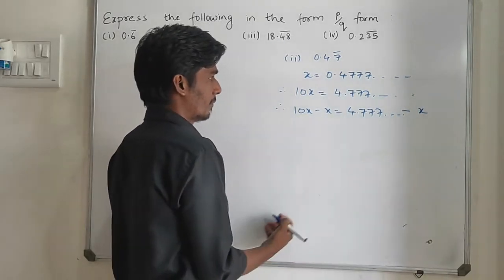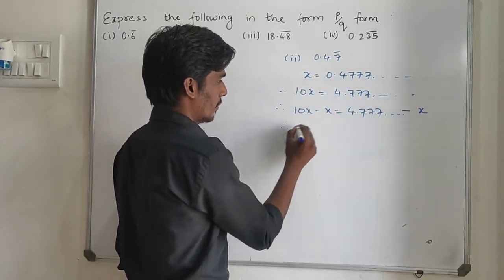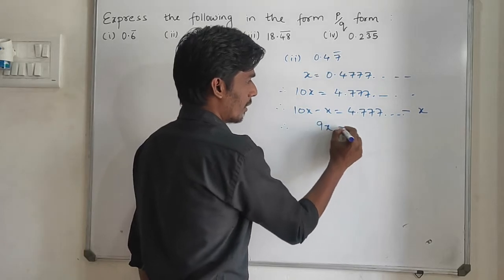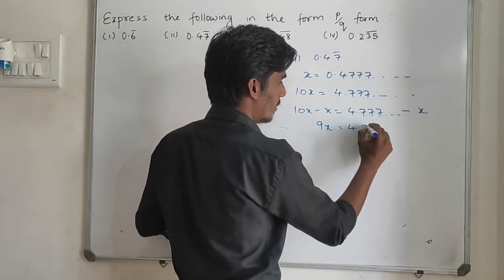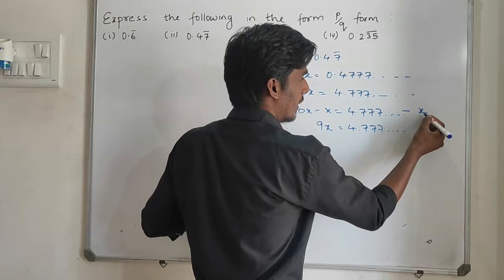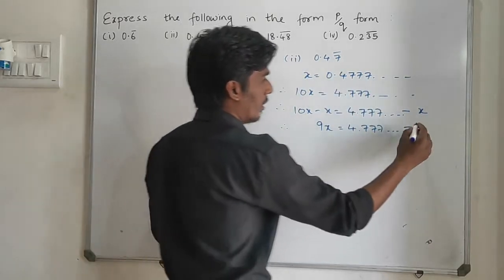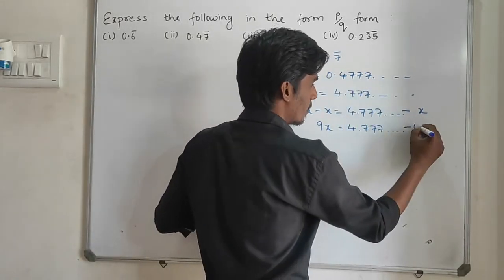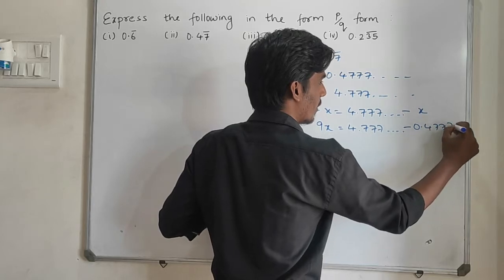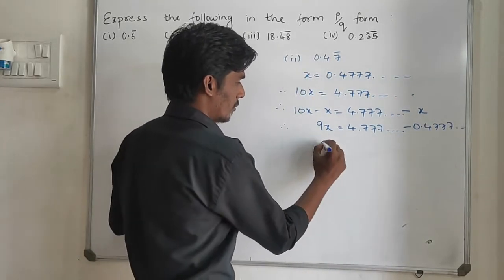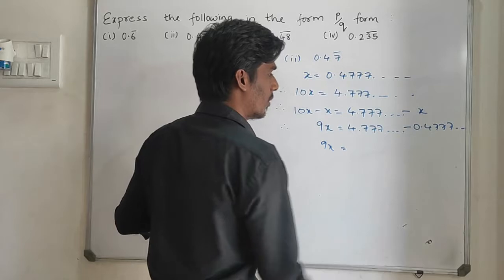Now 10x minus x is 9x equals 4.777, and instead of x, I write 0.4777.